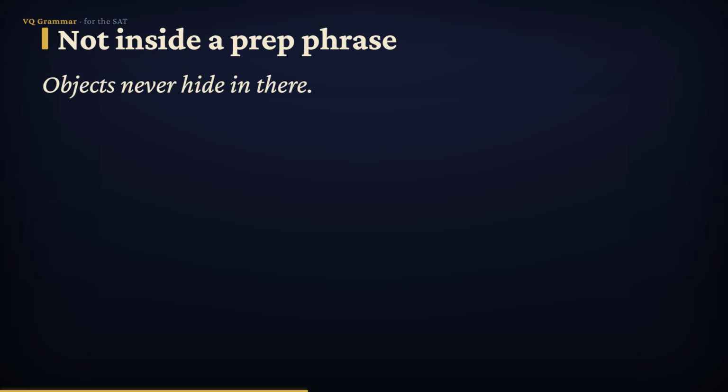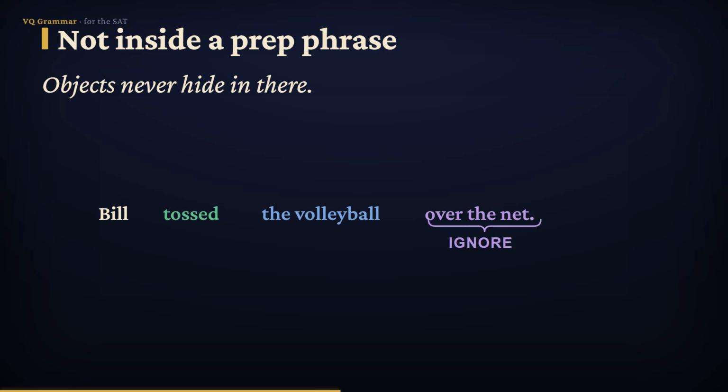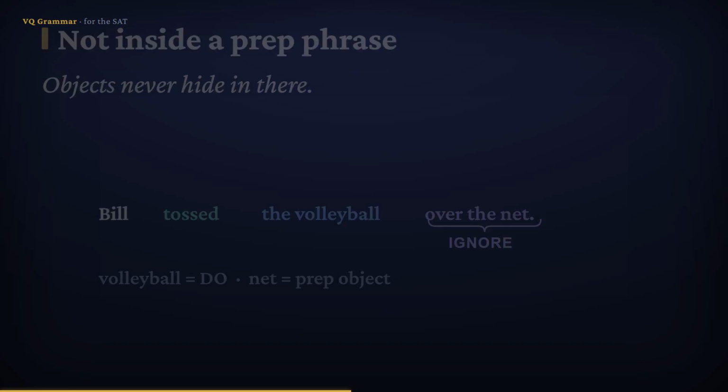One important caution. A direct or indirect object is never inside a prepositional phrase. Bill tossed the volleyball over the net. Tossed what? The volleyball. That's the direct object. But over the net is a prepositional phrase, so net is just the object of the preposition, not a direct object.